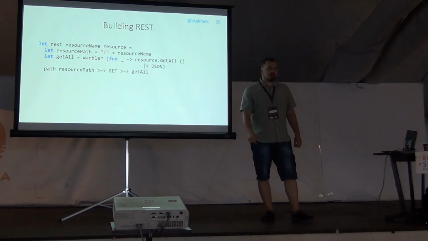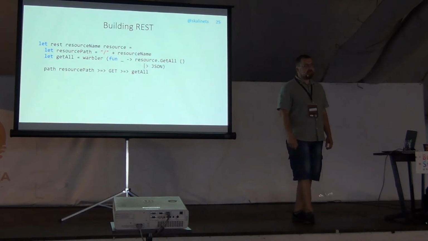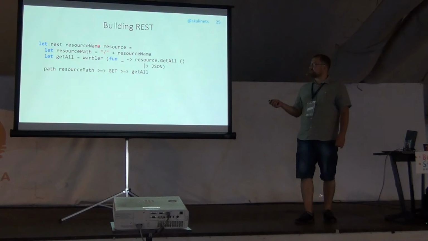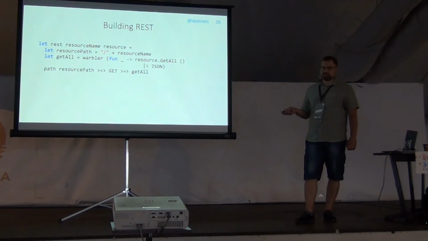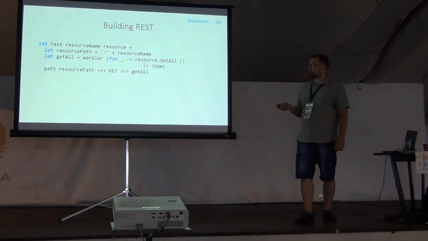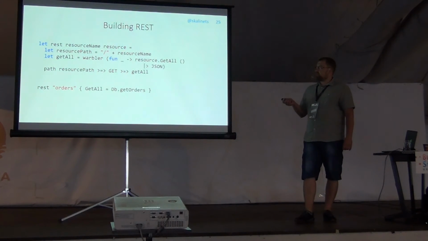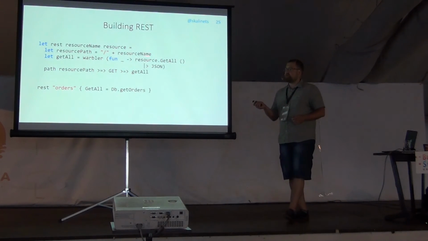And also how we can utilize this method, we can just create a REST method that takes some resource name and the resource. The resource is basically not a value, it's a type that contains different methods. It's kind of a repository.